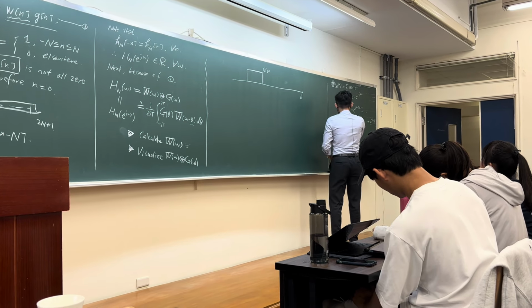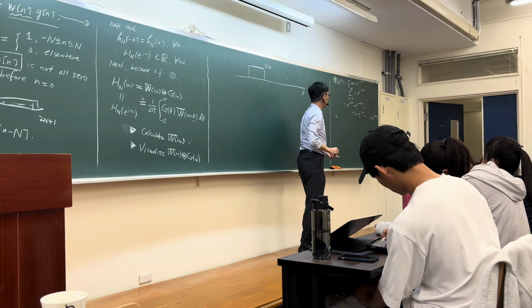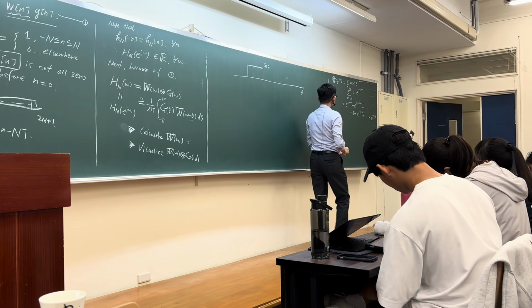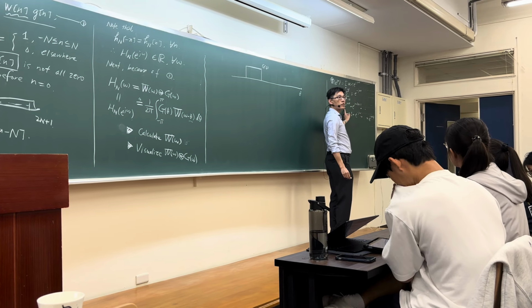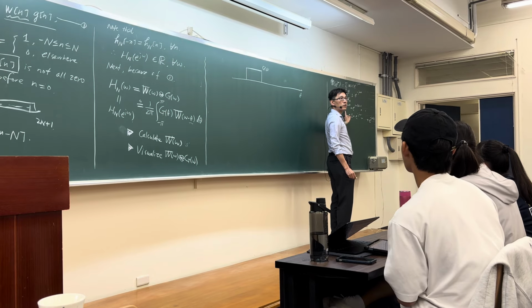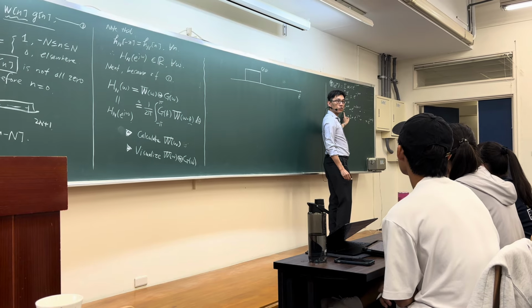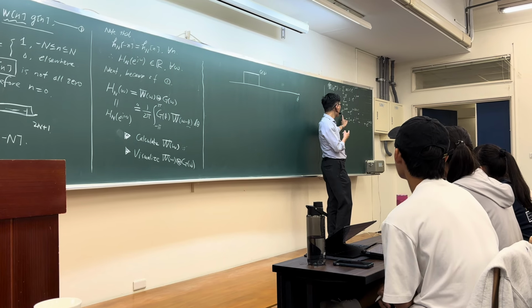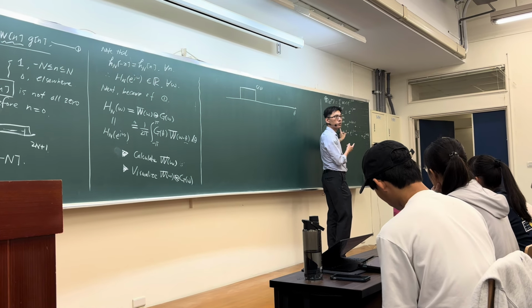Then what's next? This is actually a geometric series of finitely many terms. It's a geometric series of how many terms? Of 2N plus 1 terms.